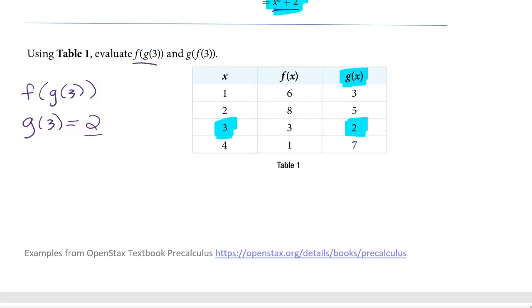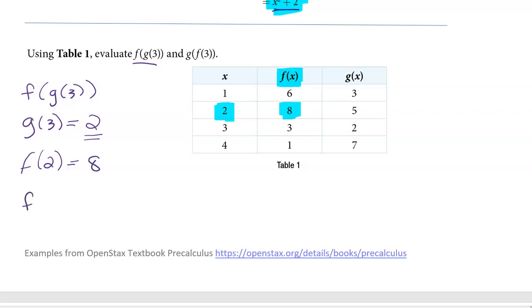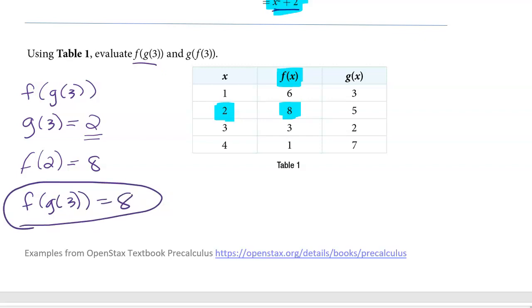Then I take this result and I use it as my input in my f function. My f function input of 2 has an output of 8. So f of g of 3 equals 8. And you have done that composition using these functions.